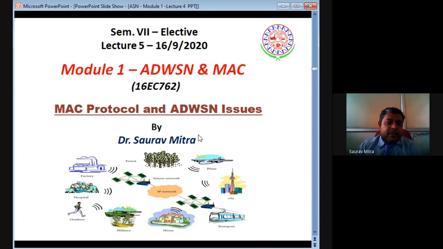Let's say the bandwidth is B. So if 20 sensor nodes are within that same area, the bandwidth B is shared by 20 sensor nodes, and each sensor node has B by 20 bandwidth, some megahertz or kilohertz.